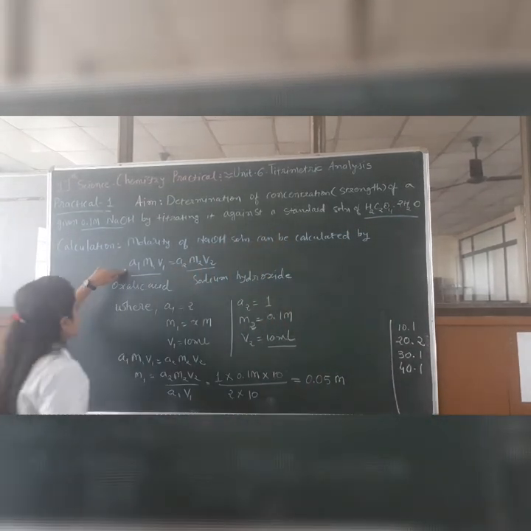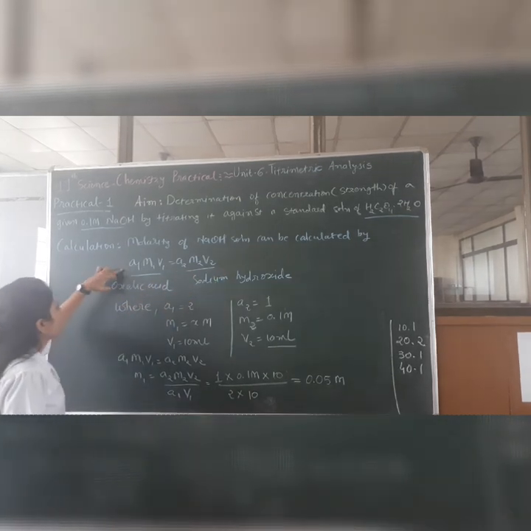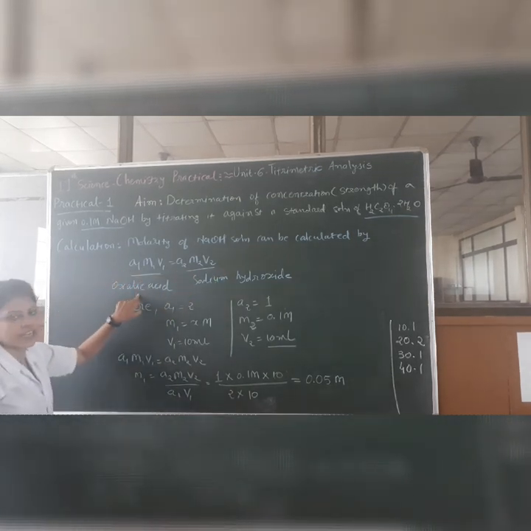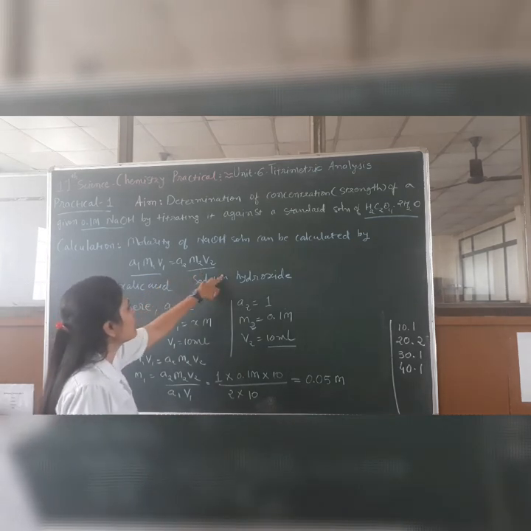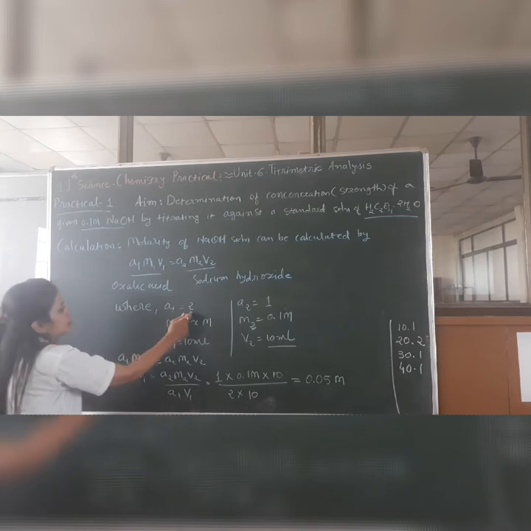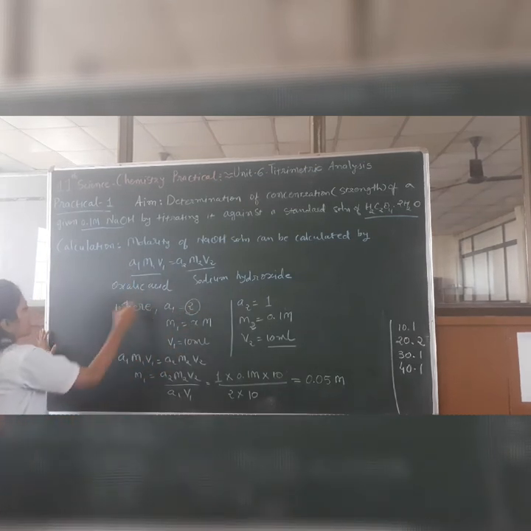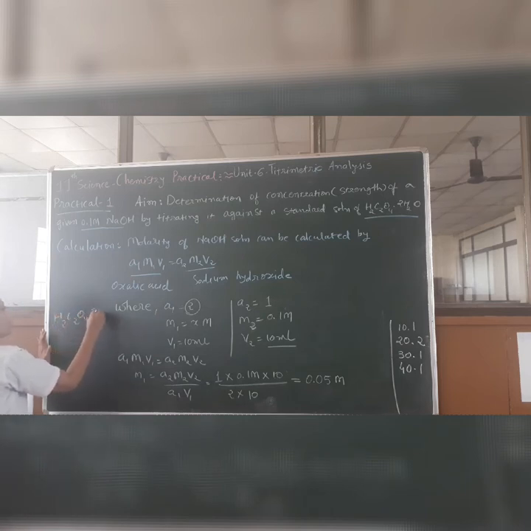Here A1M1V1 is for oxalic acid and A2M2V2 is for sodium hydroxide, where A1 is equal to 2. That is oxalic acid, with formula H2C2O4·2H2O.